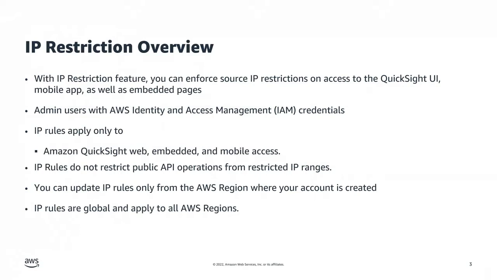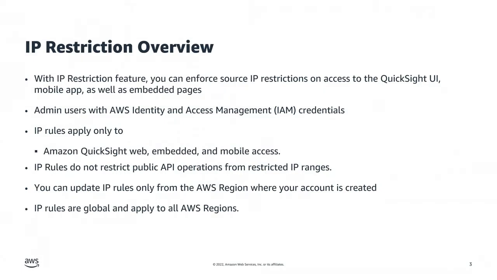Okay, and some of the key points to be taken into account while setting up QuickSight IP restriction: only admin users with AWS Identity and Access Management, IAM, credentials are allowed to implement these rules. That is one of the criteria.